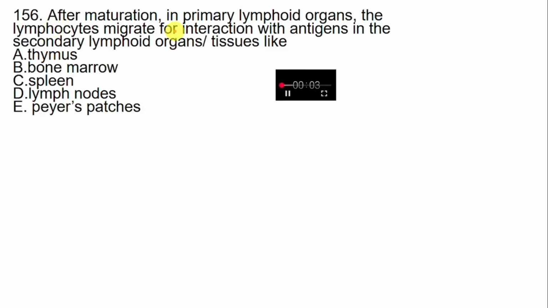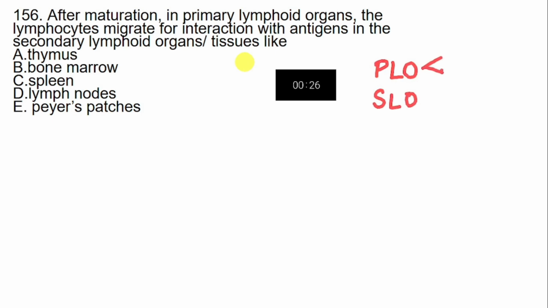Next one. After maturation in primary lymphoid organs, the lymphocytes migrate for interaction with antigens in the secondary lymphoid organs and tissues. Basically they are testing your knowledge of primary and secondary lymphoid organs.